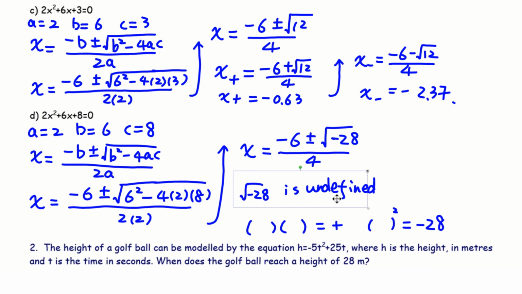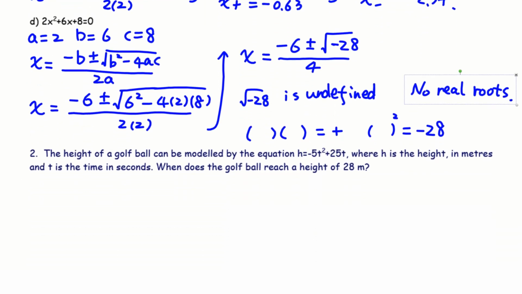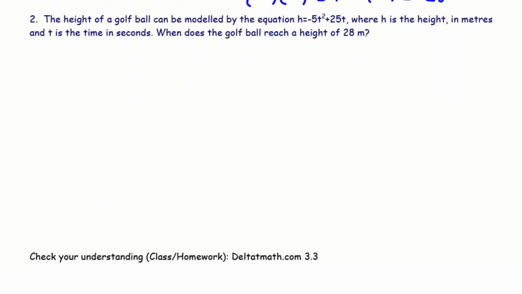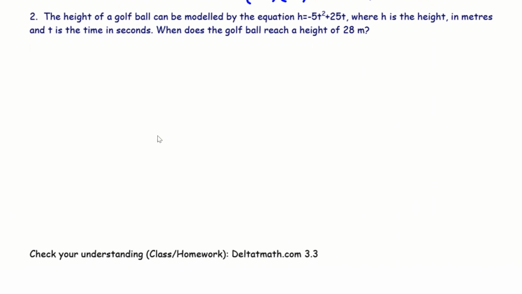So that's the reason square root of negative 28 doesn't exist, so it's undefined. Then you will say no solutions or no real roots. There are no x-intercepts on the x-axis.